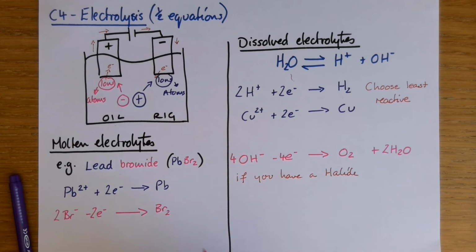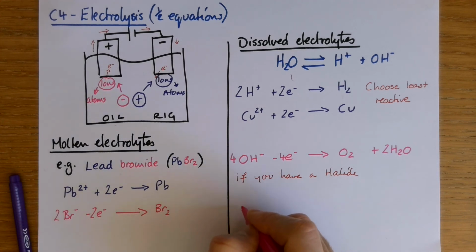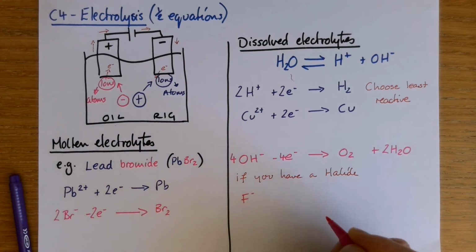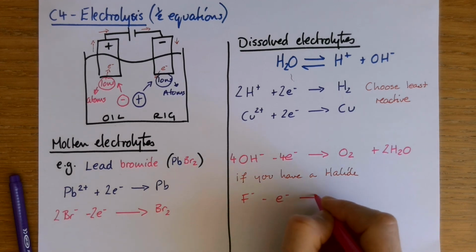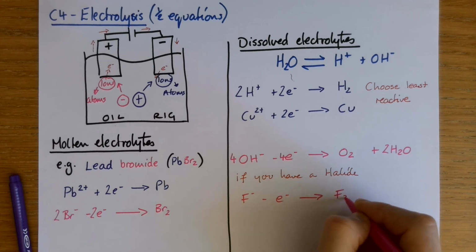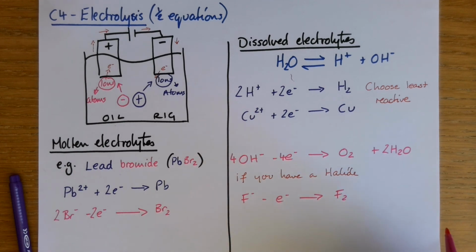Let's do fluoride, just so you can see how this compares. So we have a fluoride, which is F minus. All the halides have a single negative charge. It's going to lose an electron, but they also form molecules with 2 atoms. And as a result, we just need to go back and balance. Okay, so here's all your different examples of half equations for the electrolysis process in topic C4.